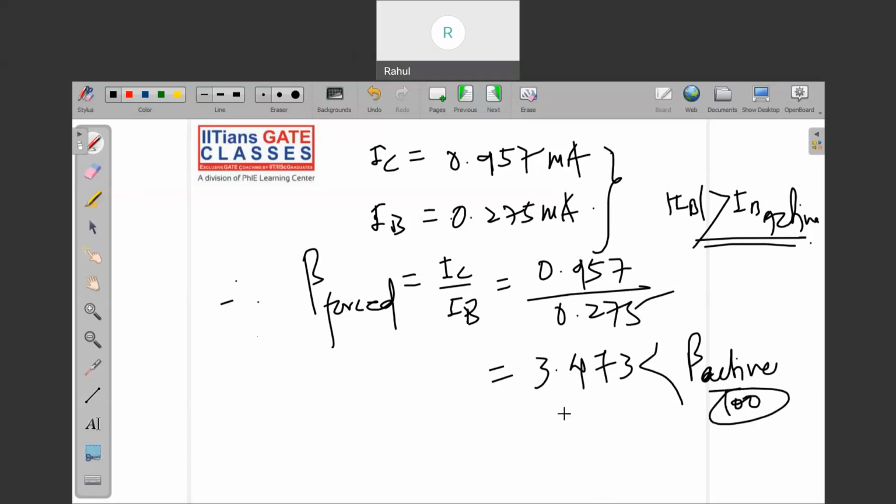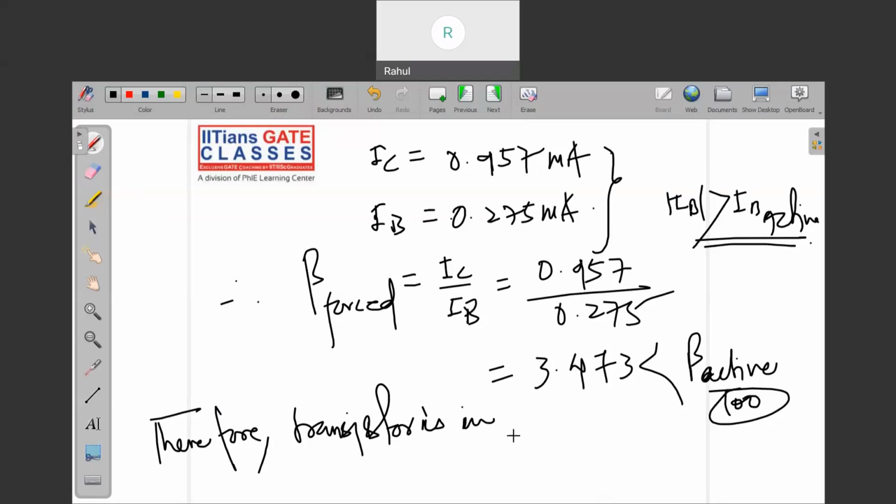Therefore the transistor is in saturation region.